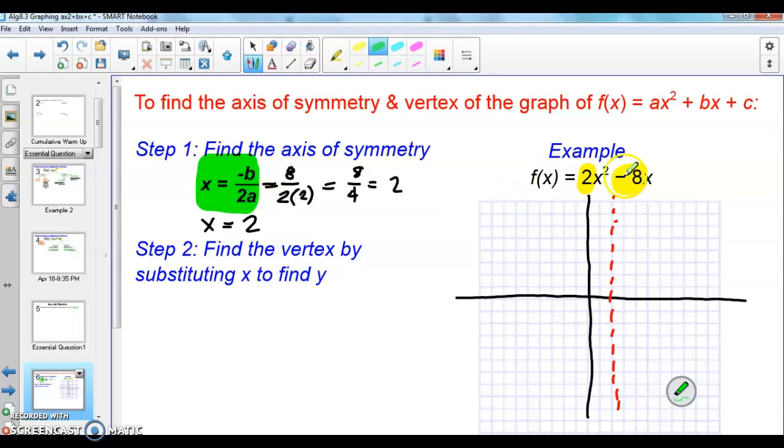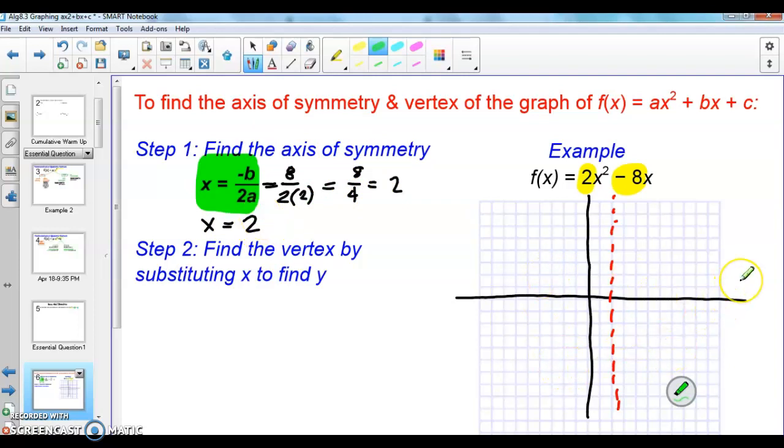So based on our example, since b is -8, I'm going to write its opposite, which is 8, all over 2 times a, but the value of a is 2, so 2 times 2. So if I solve for the final answer, it will become 8 divided by 4, which is equal to 2. So therefore, the axis of symmetry is x equals 2.